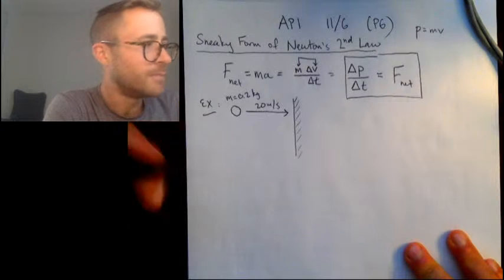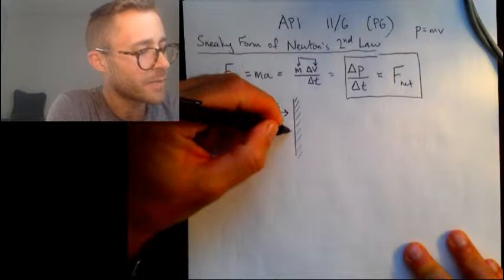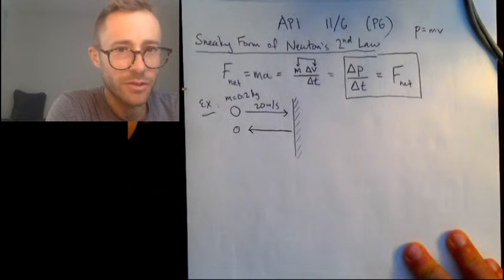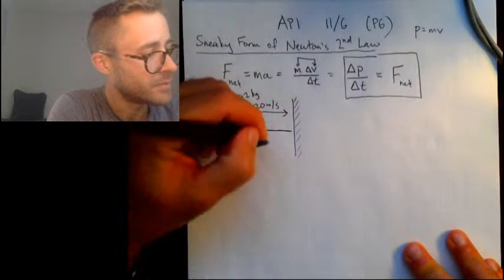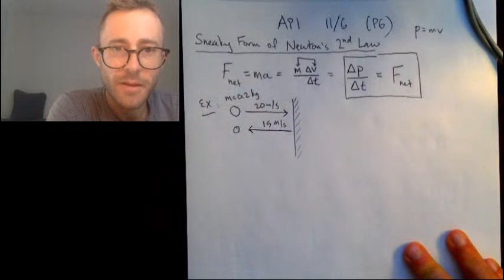It hits the wall and it bounces back. It's not a perfectly elastic collision, so it bounces back with a little bit less speed, maybe 15 meters per second. Okay.